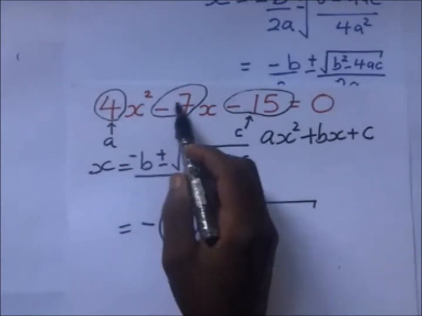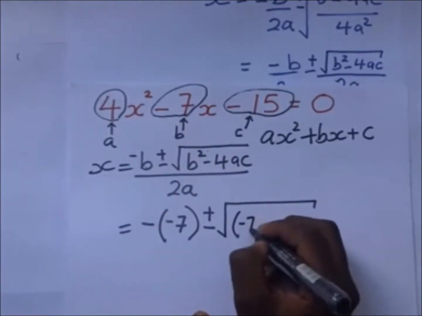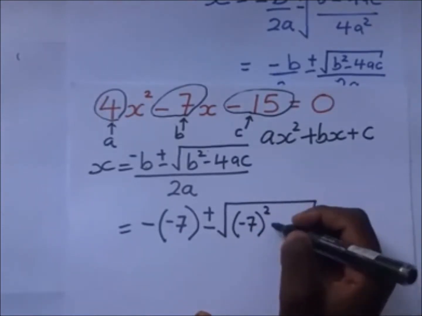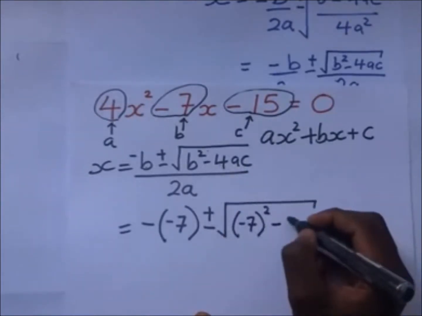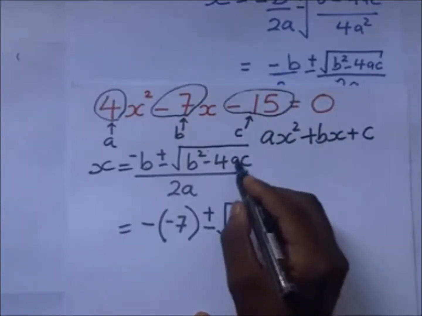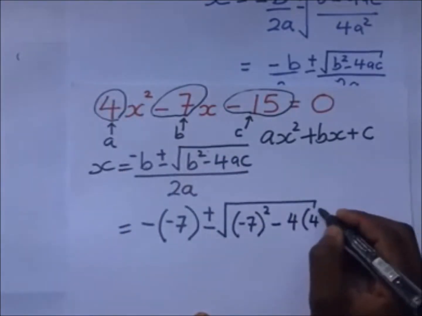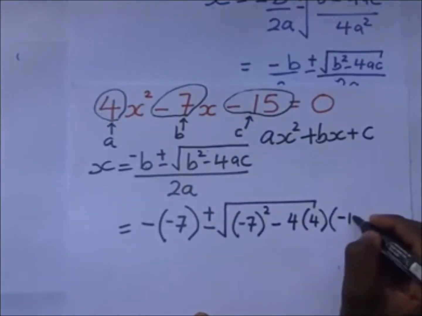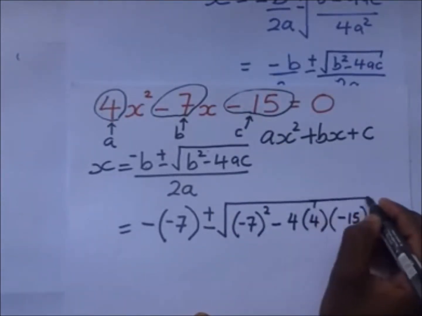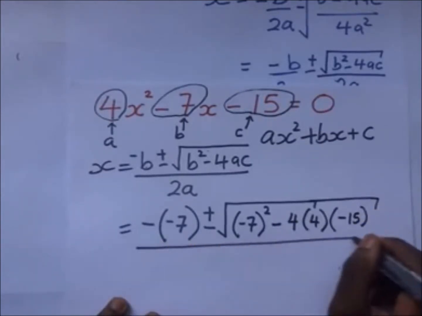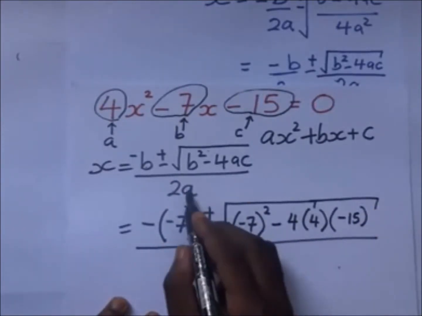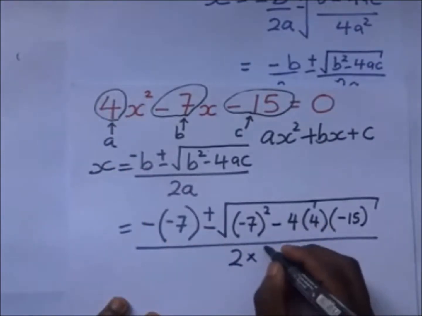Negative 7 squared minus 4 times our value of a, which is 4, times our value of c, which is negative 15. All this we are supposed to divide by 2a, which is 2 times our value of a, which is 4.